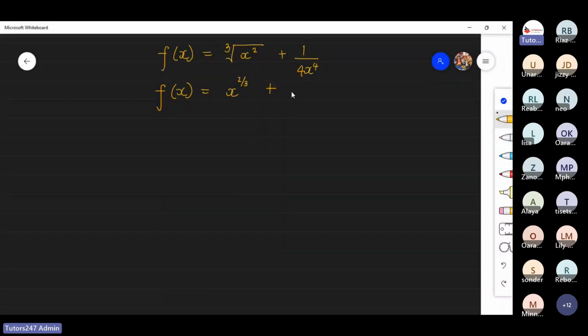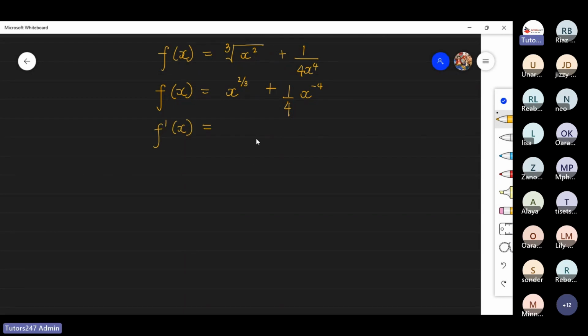So we repeat 1 over 4. It stays as is, nothing moved, except x to the power 4 becomes x to the power negative 4 in the numerator section. Now it is in a form that we can derive, so we introduce f prime x.